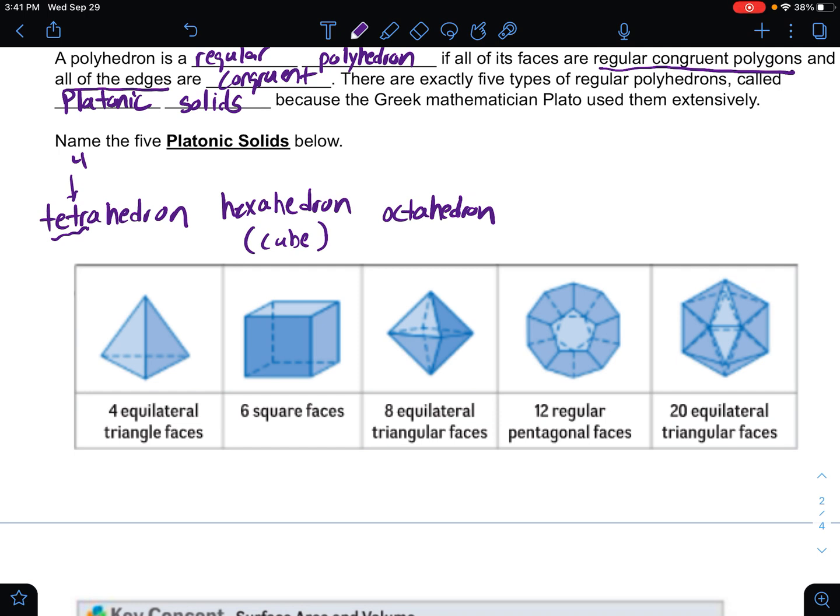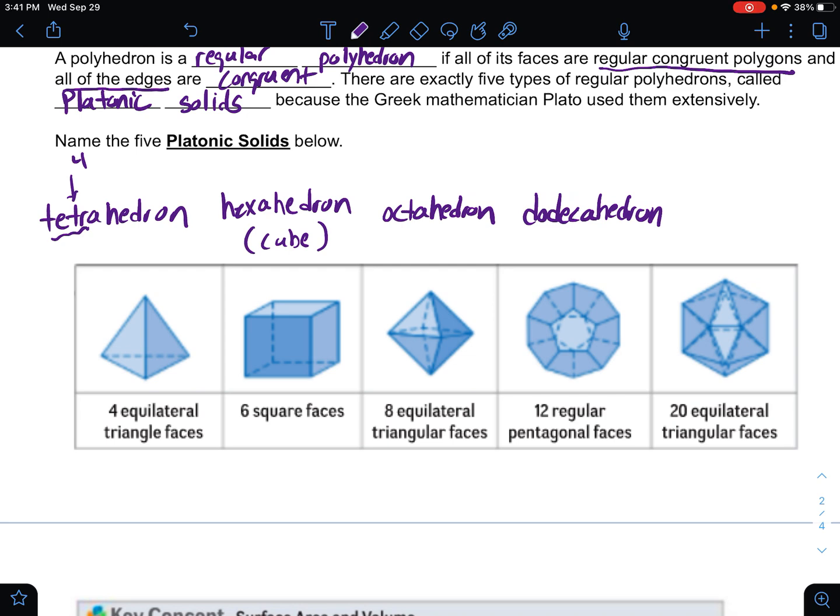And then, this one's a little bit hard to see. It's a little bit hard to sketch here. But this has 12 regular pentagonal faces. Notice they all fit together if you have 12 regular pentagons. And 12 is dodeca, like dodecagon, so this is a dodecahedron.